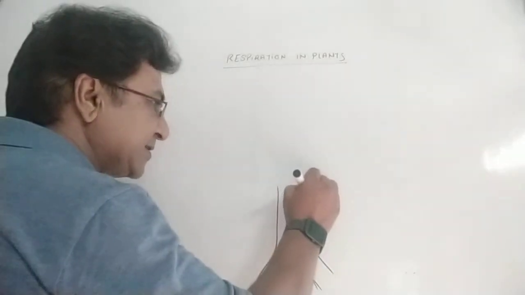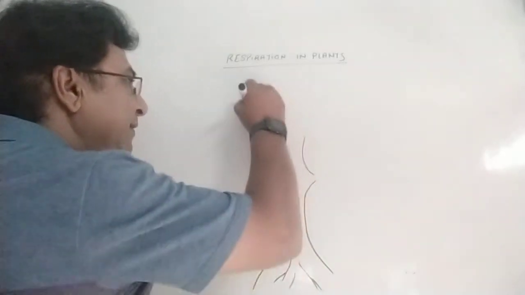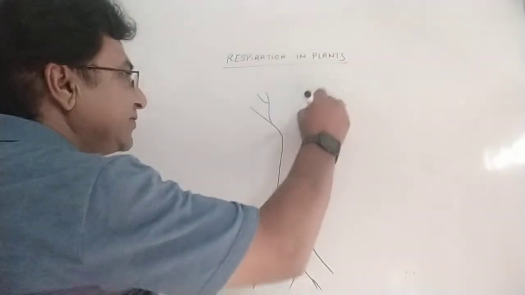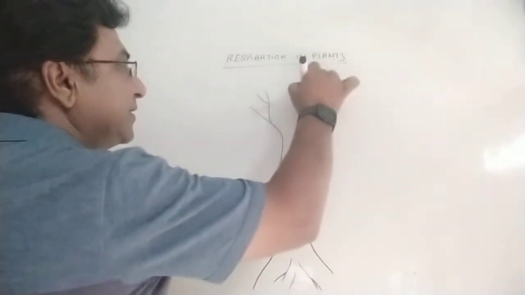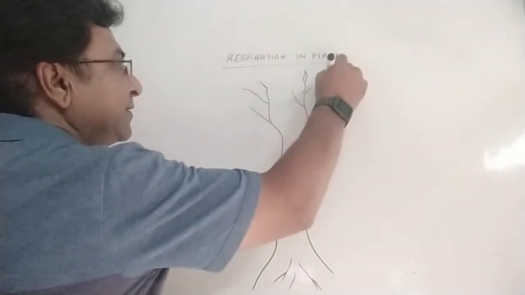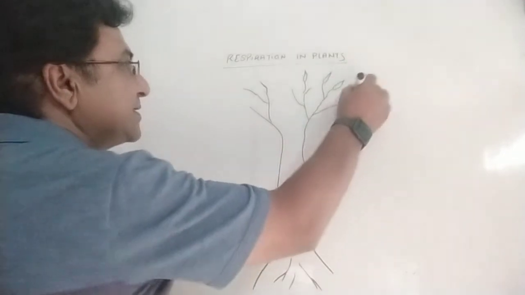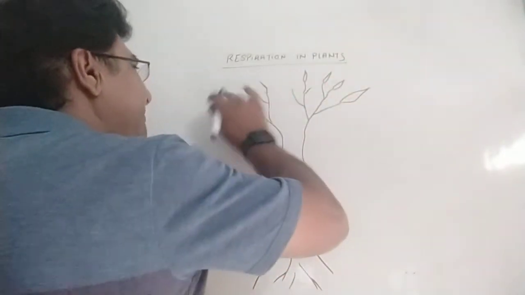This is the stem region. And this is the branching structure. Obviously, branches always bear leaves, so we'll make a few of the leaves also. This is the leaf structure, just to understand that.